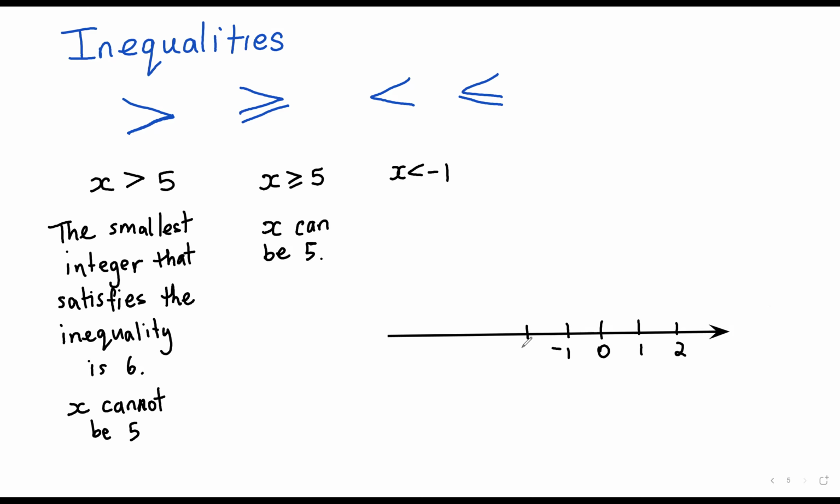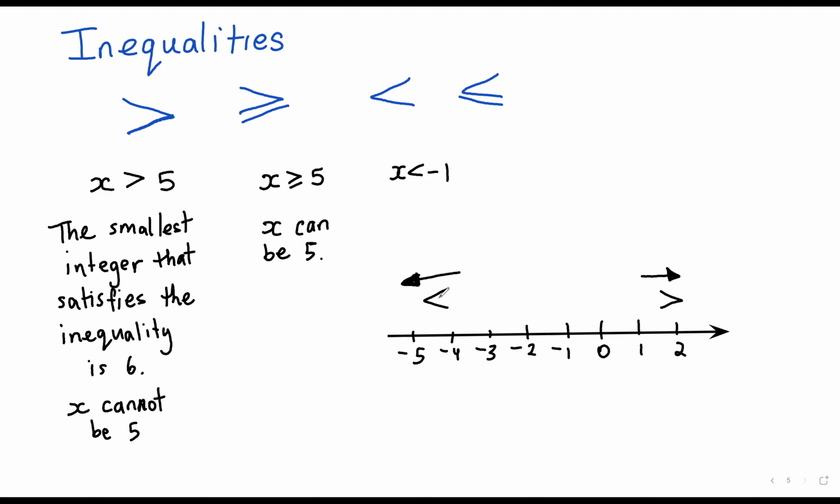So you have -1, -2, -3, -4, -5, and so on. As you move to the left on the number line, numbers get smaller, right? Because they get more negative. And when you move to the right on the number line, numbers get bigger. So they get greater than. And when you move to the left, they get less than.